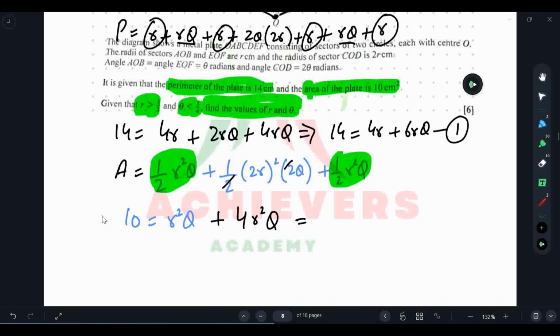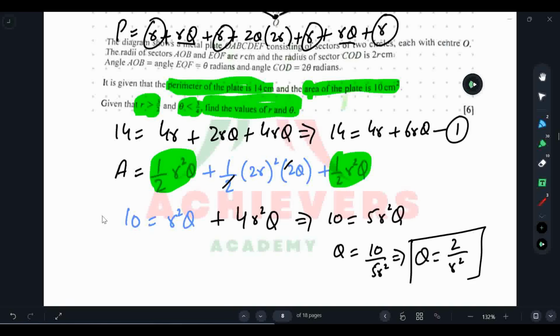These two are like terms, so 10 is equal to 5r²θ. And if we rearrange it, this will be 10 by 5 r², which means θ is equal to 2 by r². So this will be equation 2.